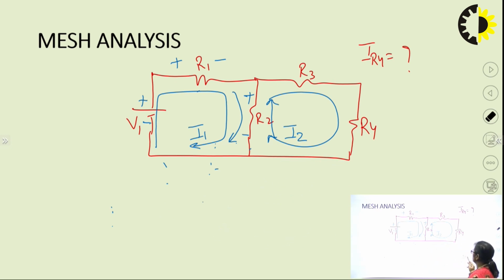Applying KVL to mesh 2, I will be getting, right, now R2, this time I am considering because the drop will be according to I2, right. So, the drops will be positive, negative, positive, negative, positive, negative.